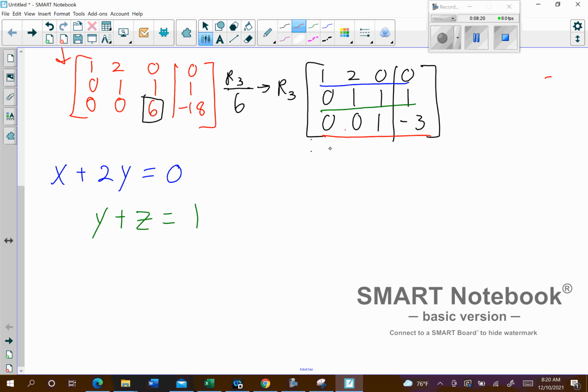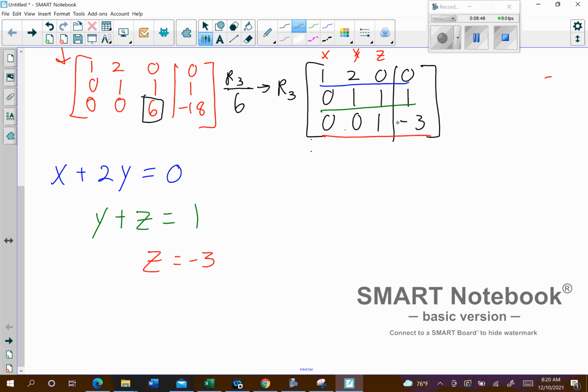And then the last one right here is just going to be that z equals negative 3. So you just put the letters back where you have numbers other than 0. Okay? And so this is your x column, y column, and your z column, right? So that's why I got x plus 2y equals 0, y plus z equals 1, and then z equals negative 3.